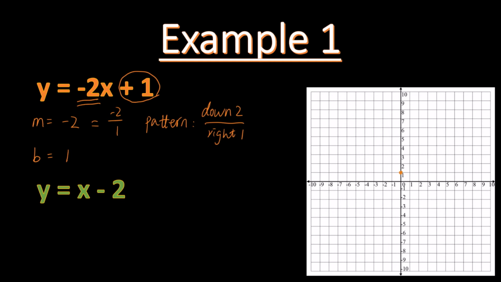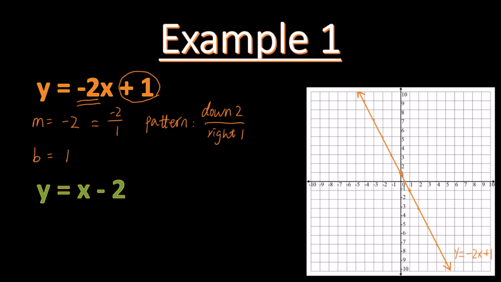And then follow the pattern down 2, right 1, down 2, right 1, down 2, right 1. Try to find as many points as you can, because the more points you have, the more accurate line you will end up with. Then we can connect these points and write the equation next to the line.